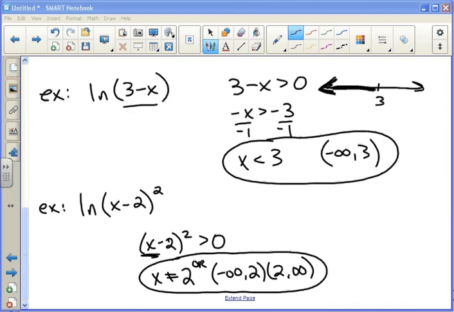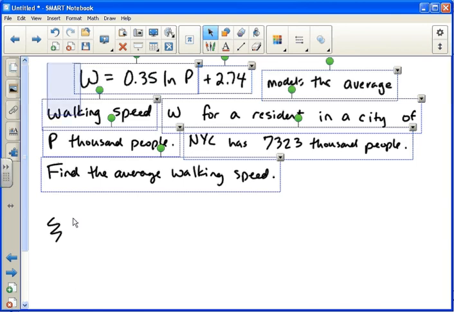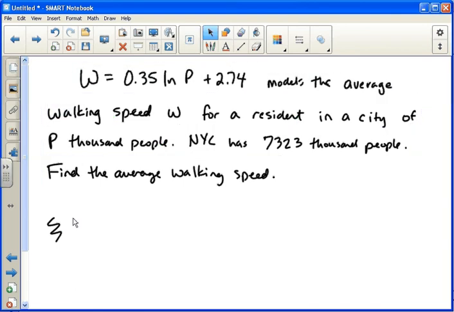We have that w equals 0.35 natural log of p, plus 2.74, and it says that this models the average walking speed, w, in feet per second, for a resident in a city of p thousand people. That just means p is in thousands. So New York City has 7,323,000 people, so that's really 7.3 million people. Find the average walking speed.